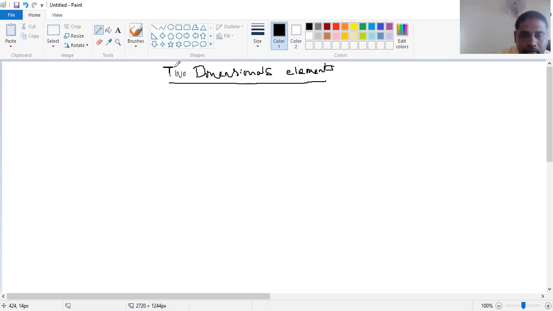There are two broad categories in which we're going to divide the two-dimensional problems, as far as finite element analysis is concerned. One is scalar variable problems, and another one is vector variable problems.